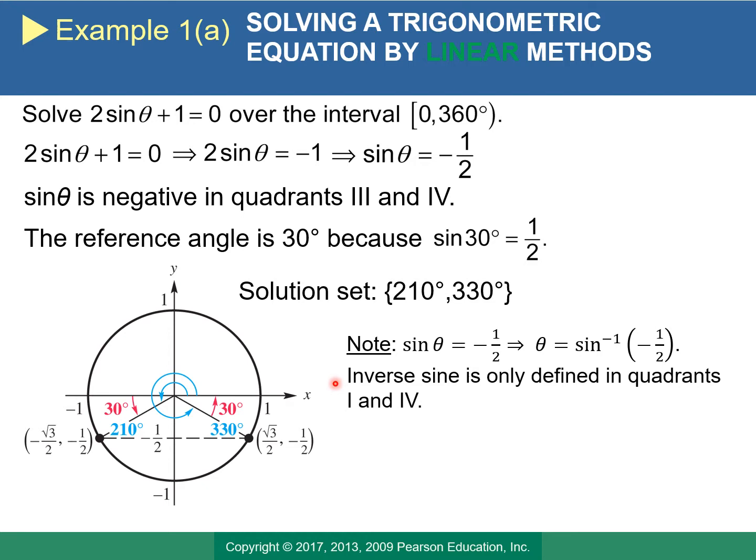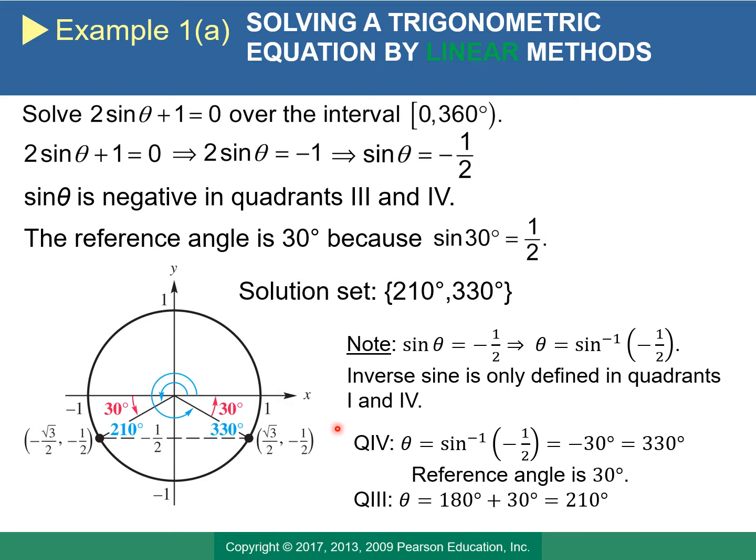So inverse sine is only defined in quadrants 1 and 4. So if I use sine inverse to figure out my angle theta, it would only give me this angle in quadrant 4. It wouldn't actually give me this other angle that I need for angles between 0 and 360.